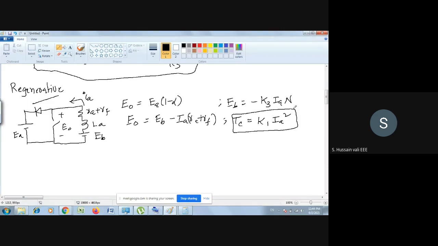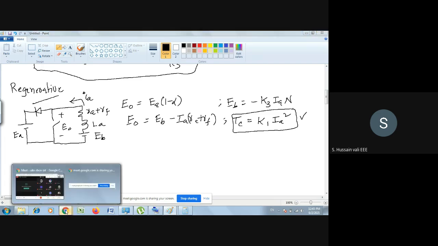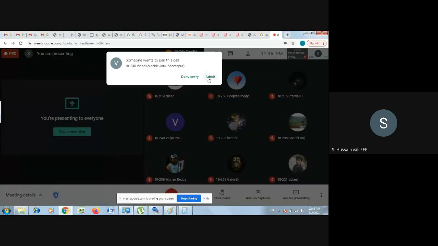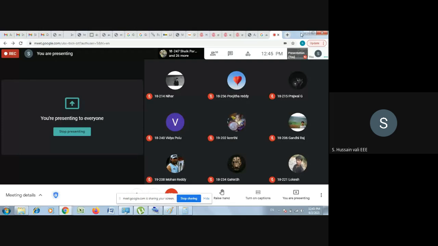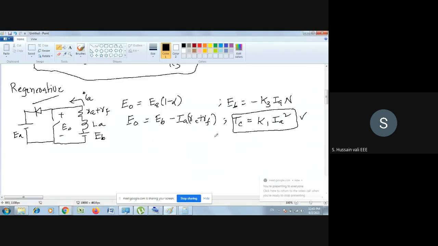What you must understand here is that even if IA becomes negative, as this is IA squared, this remains positive. It does not change, because it's not IA, it's IA squared. Then we go ahead with this now. From this equation, what is IA? It becomes now IA.